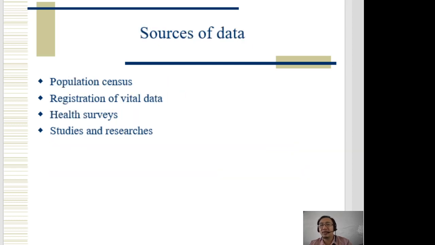Then, what are the sources of data? We can have population census from the PSA, registration of vital data in our local civil registry or city health departments, and health surveys commonly done by local or national government or organizations like the PSA, or in your own municipality, barangay, or areas.